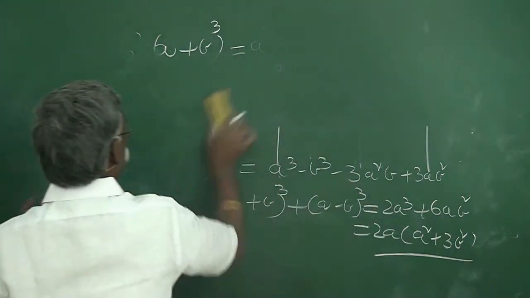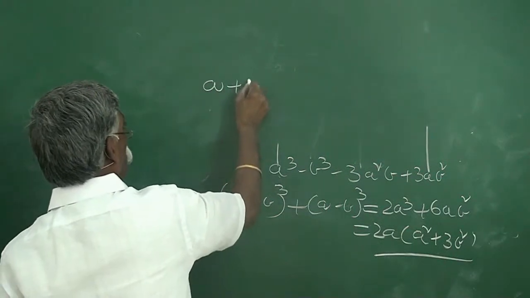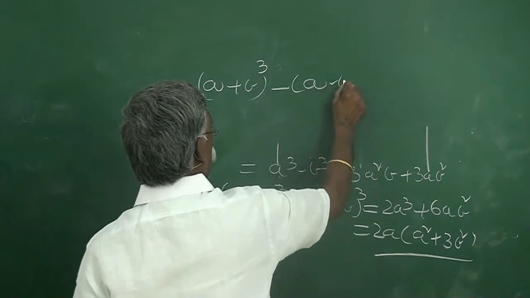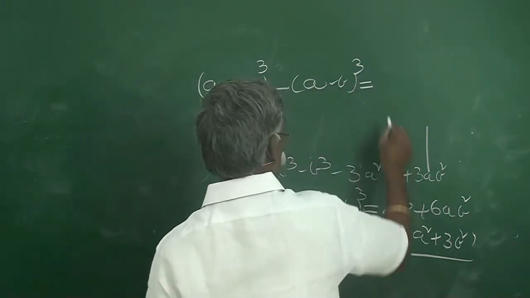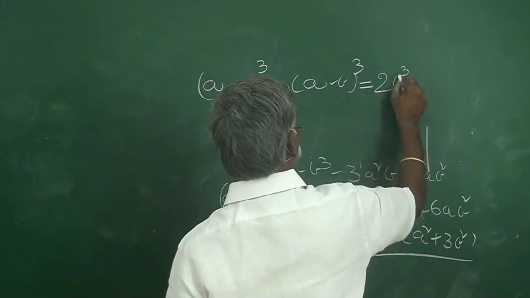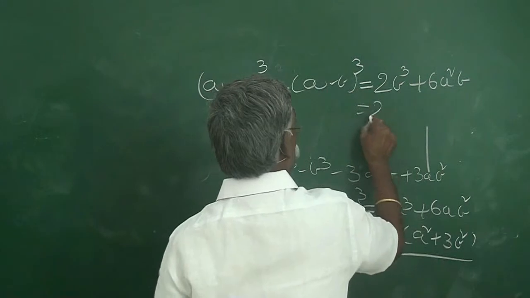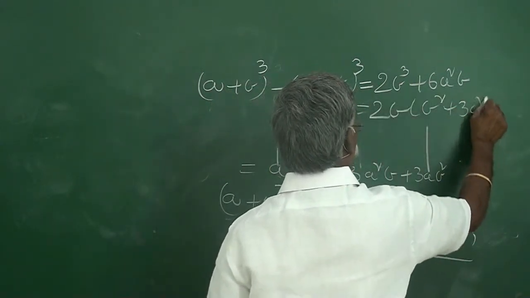Therefore, (a plus b) whole cube minus (a minus b) whole cube is equal to 2b cube plus 6a square b, and this is 2b into (b square plus 3a square).